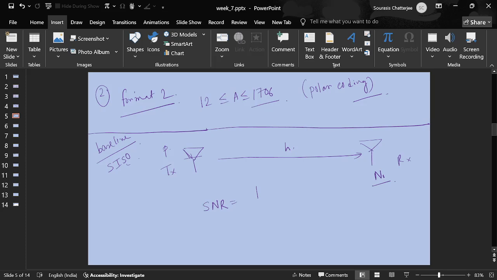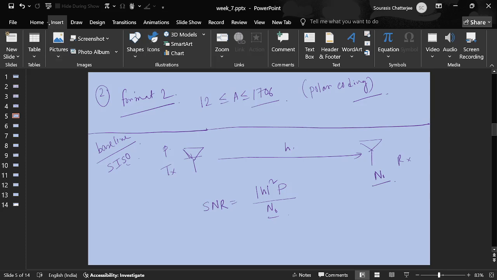So if the channel coefficient is H, its absolute value squared is the channel gain, that times the power you have transmitted with, over N naught, the noise variance. So this is the SNR you are getting for the single input single output scenario.